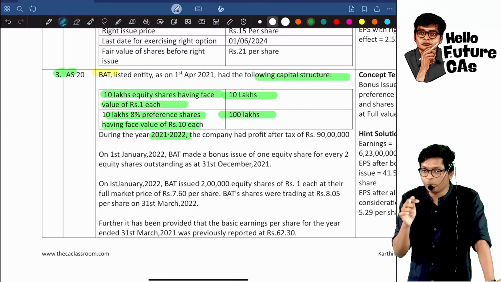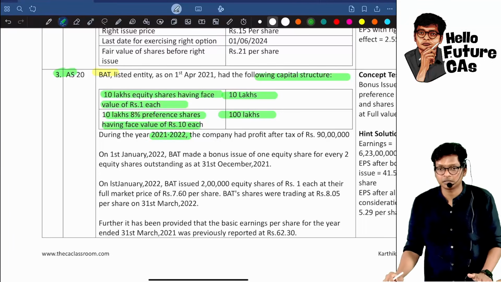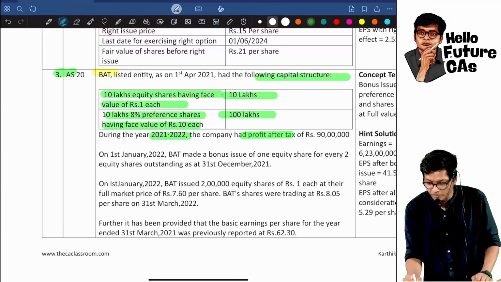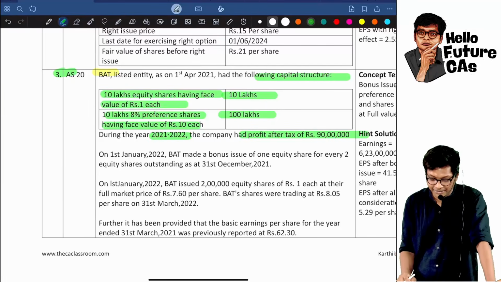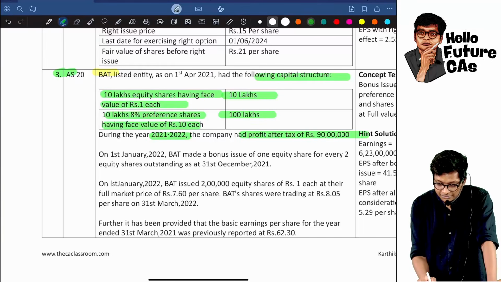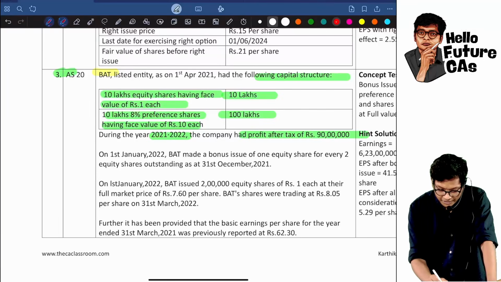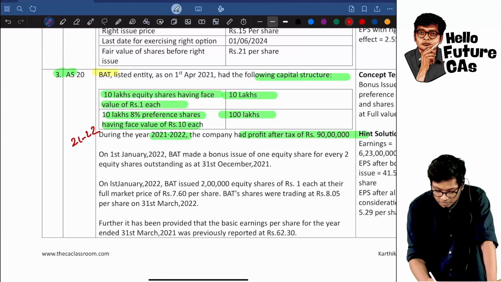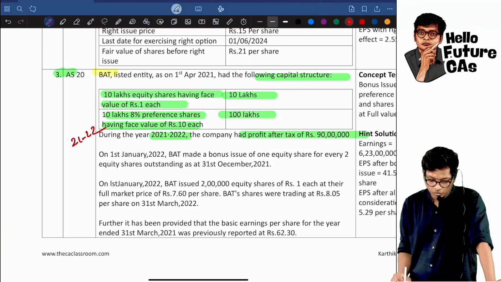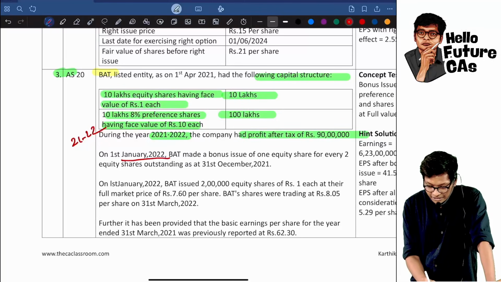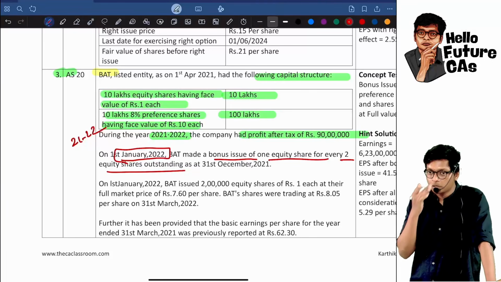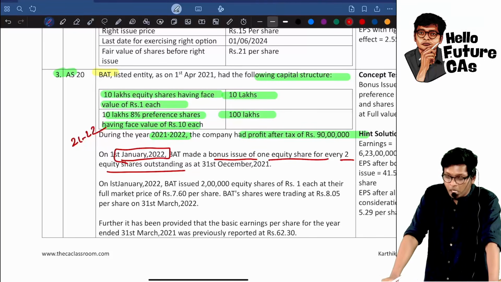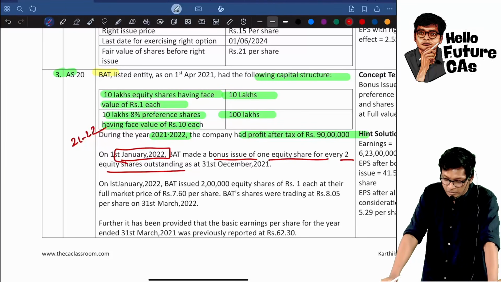During the year 21-22, that means financial year. The company had a net profit after tax of 90 lakhs. This is for the financial year 21-22. Then on 1st Jan 2022, they made a bonus issue of 1 equity share for every 2 shares outstanding.